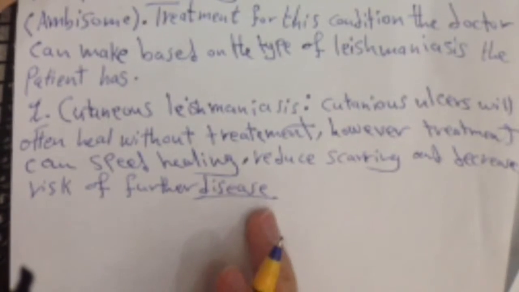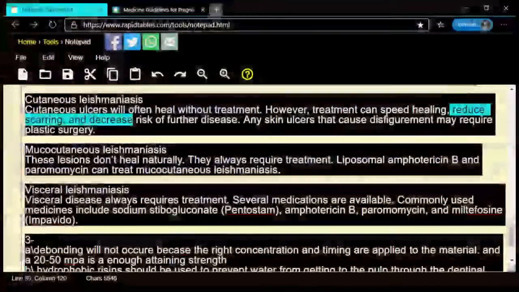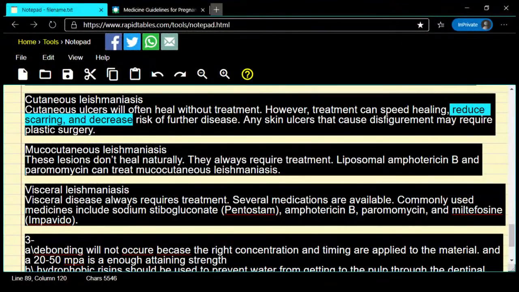This is the treatment. How can it help? Very important help, as we can see here, of the treatment: reduced scarring, decreased risk of further diseases. Very necessary and very helpful.